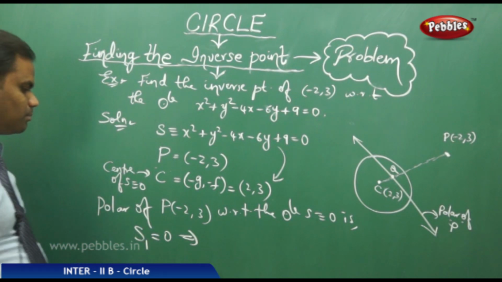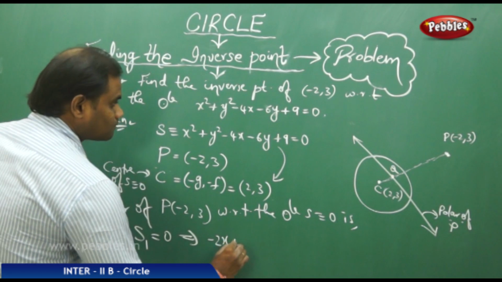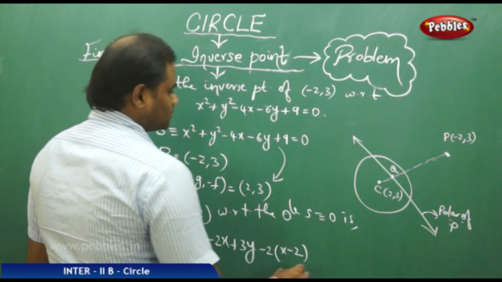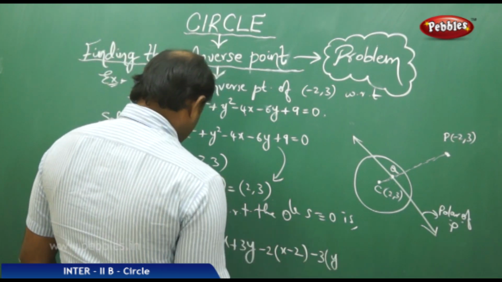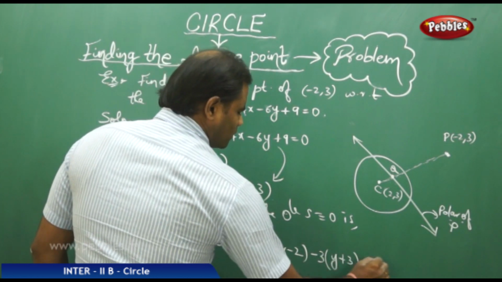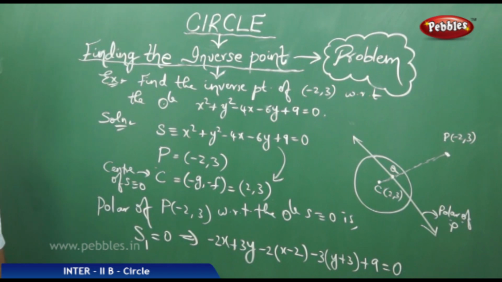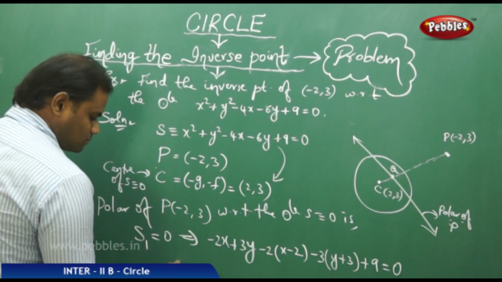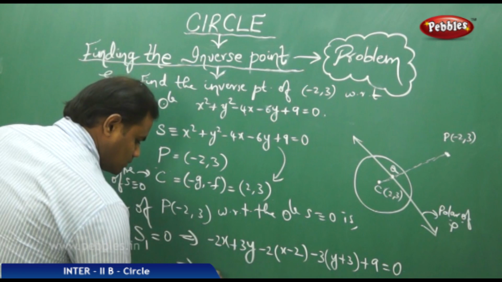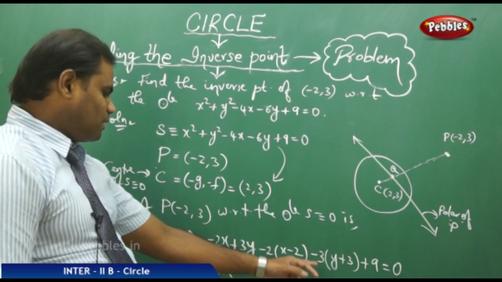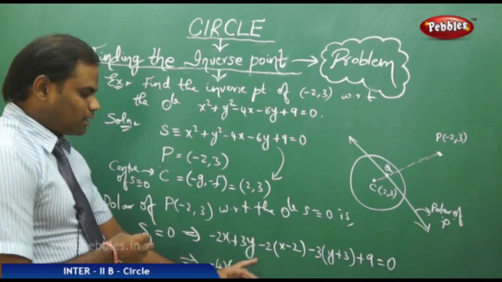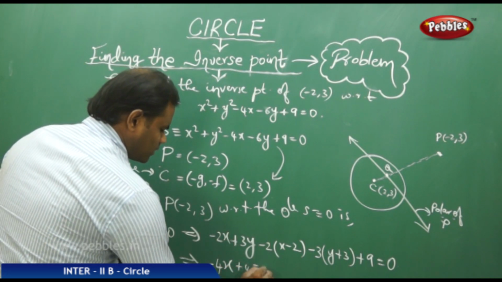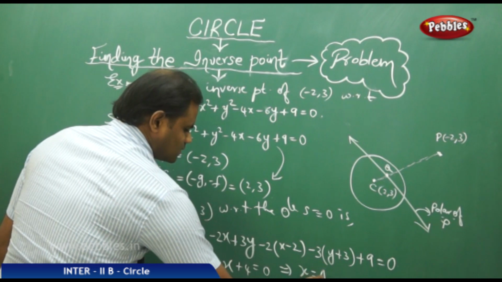So S1 = 0 implies -2 half of (x + x1)... that is, (x1 x) + half of (x + x1), minus 3, half of (y + y1), plus 9 = 0. Simplifying further, we get -2x minus 2x, which is -4x, and 3y minus 3y, which cancel to give 0, and 4 minus 9 plus 9 gives plus 4 = 0, that is x = 1.